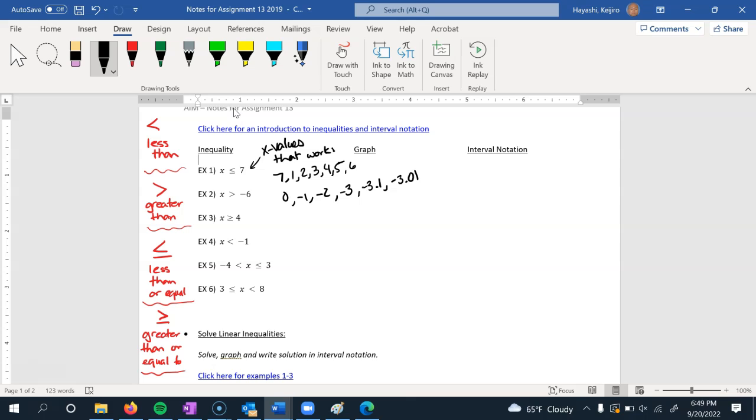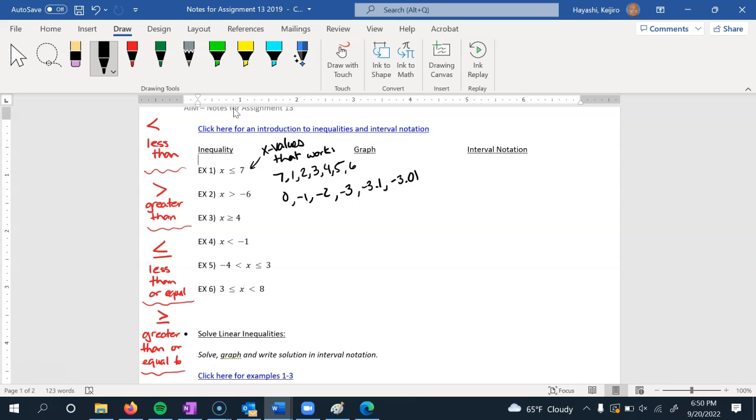So unlike an equation which has only one solution, these inequalities are going to have solutions that cover a range of values. And those ranges, and this is not the last time you're gonna hear about these, are called intervals.